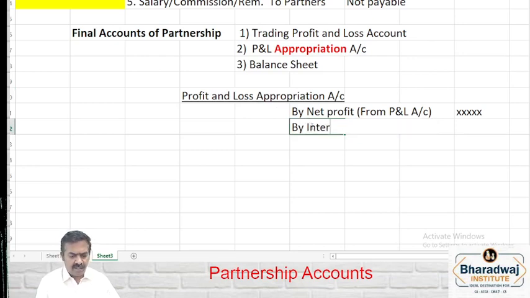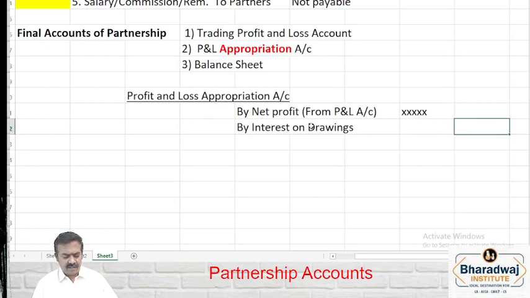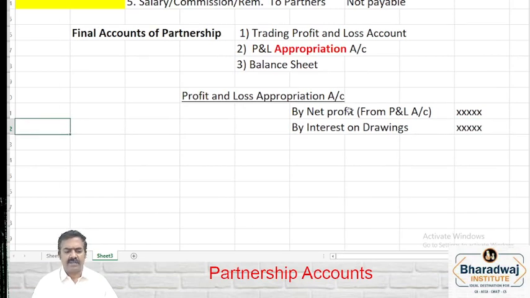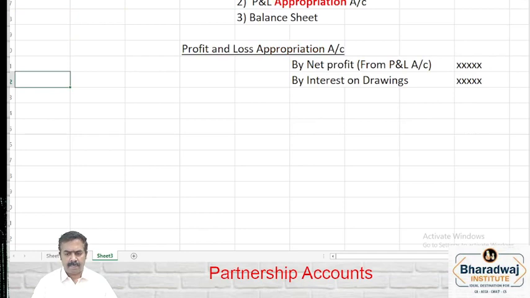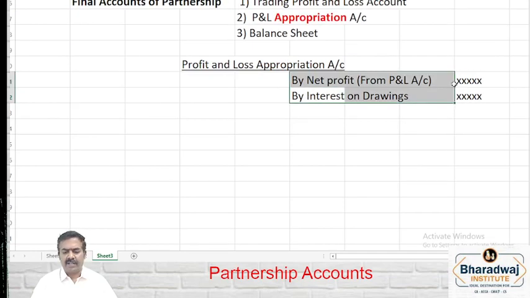By interest on drawings. When partners withdraw money, that is called drawings. Interest can be charged on drawings if the partnership deed gives that information. If the partnership deed allows, you can charge interest on drawings.